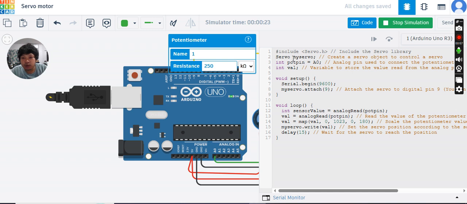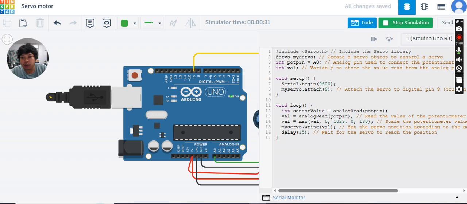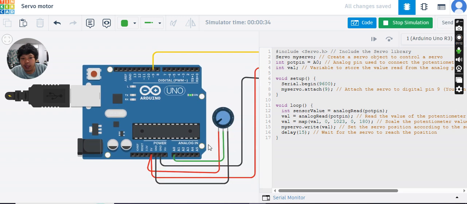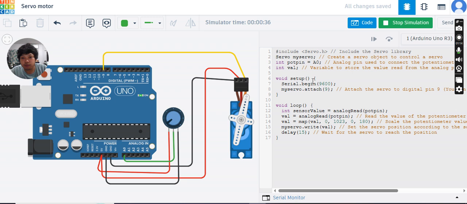So the servo will be myservo, and then declare the potentiometer, which is connected to the analog pin A0, and then the variable to store the readings from the analog pin will be stored in val.